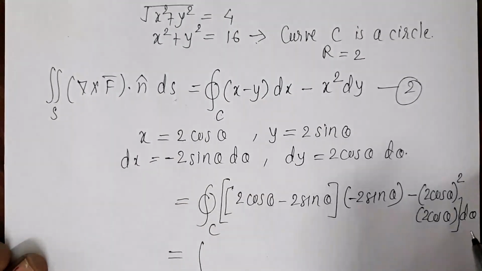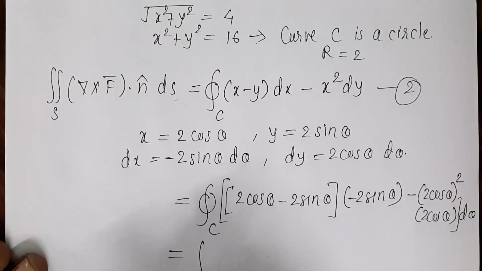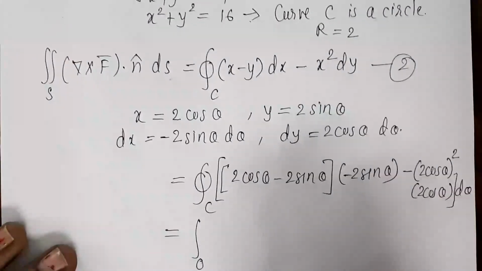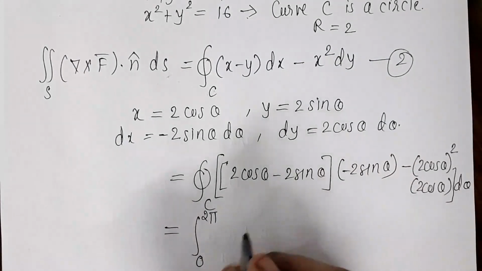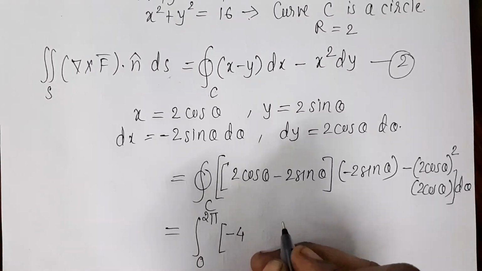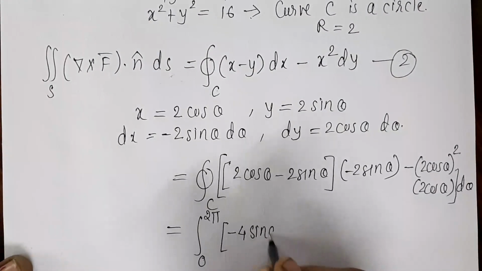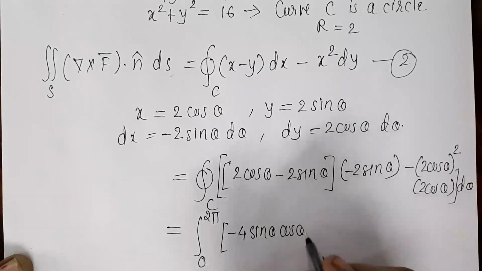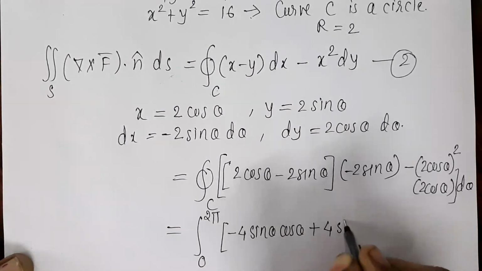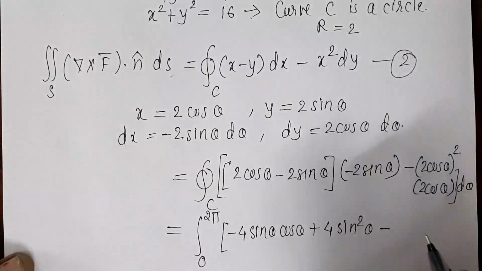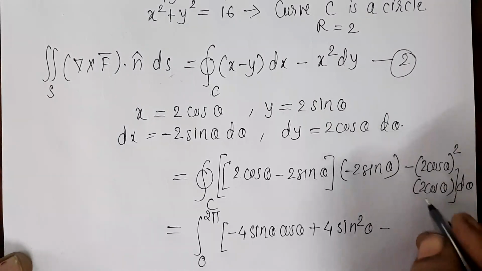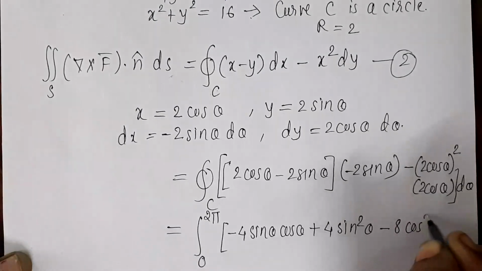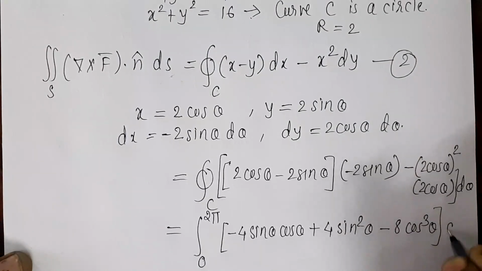Now since it is a circle and it is in terms of d theta, what are the complete limits for a circle? It is from 0 to 2 pi. So 0 to 2 pi, minus 2 sin theta into 2 cos theta is minus 4 sin theta cos theta, minus minus plus 4 sin square theta, minus cos square theta into cos theta, it is cos cube theta, and 2 square is 4, 4 into 2 is 8. So 8 times cos cube theta d theta.